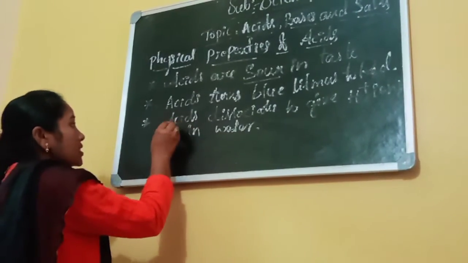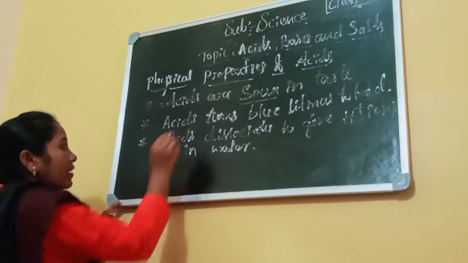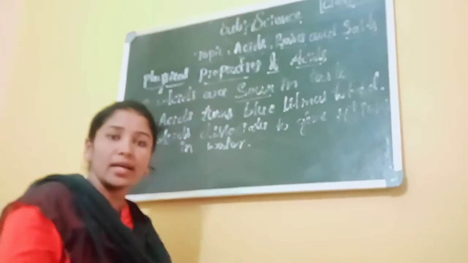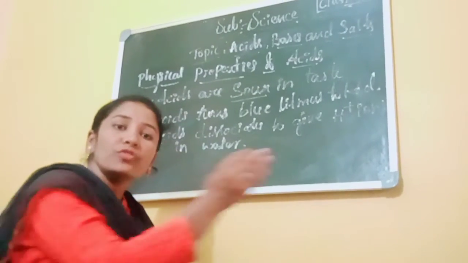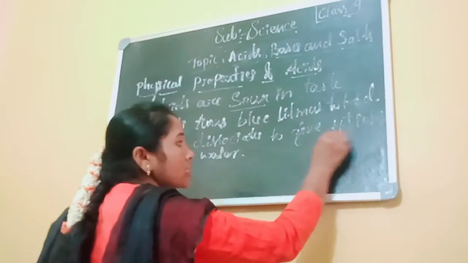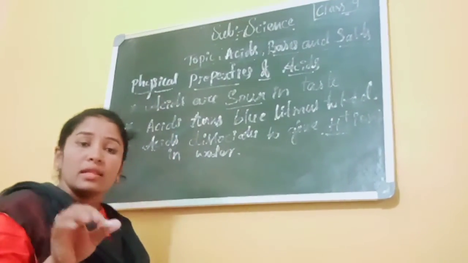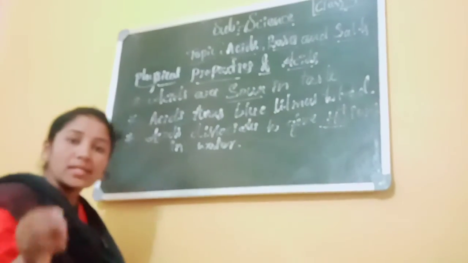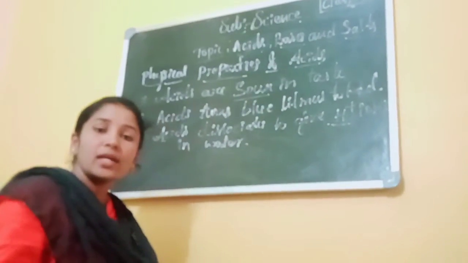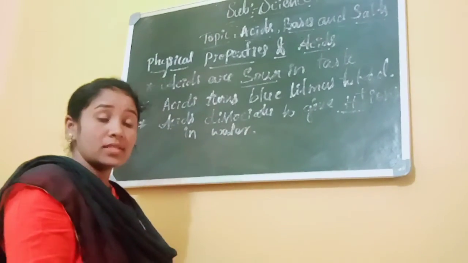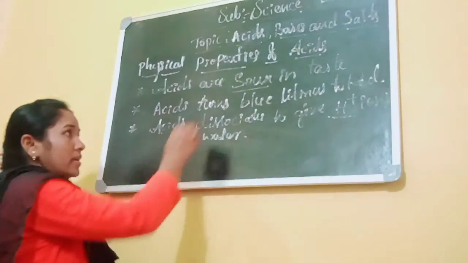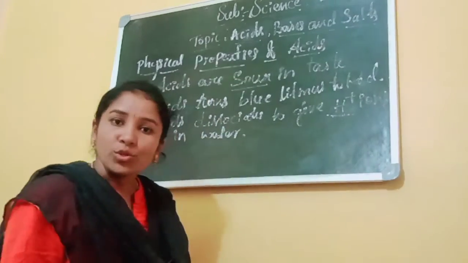Whenever acids are dissolved in water, they break down and form H plus ions. That is called acids. Understand? Acids dissociate in water to form H plus ions, acids turn blue litmus red, and acids are sour in taste.